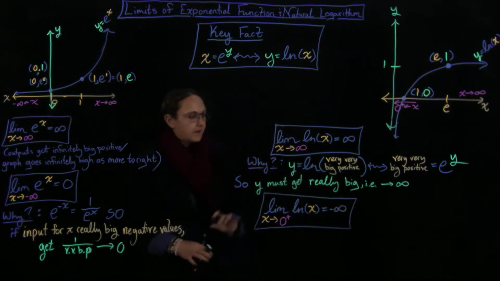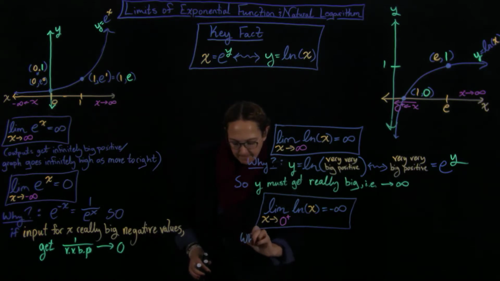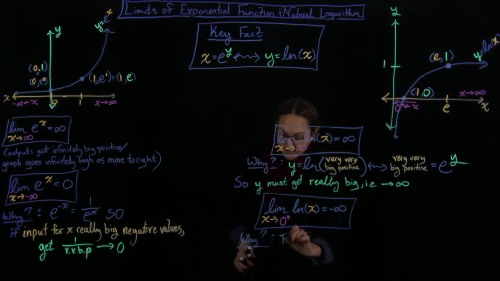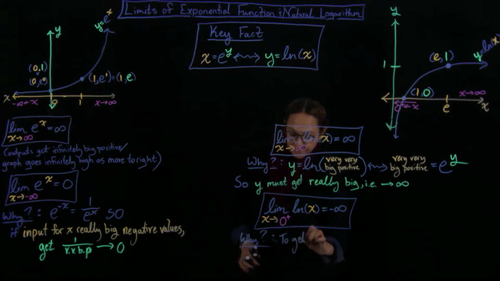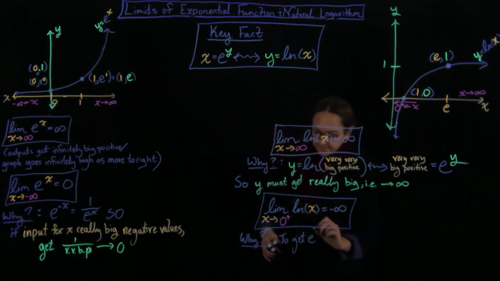Okay, so how do we get this? So y, right? Well, how do we make e to the y close to 0?